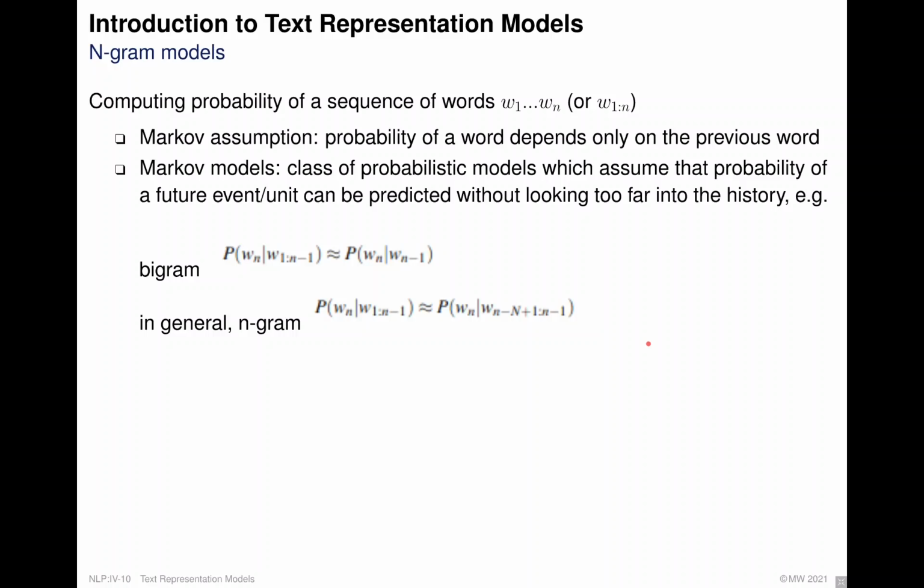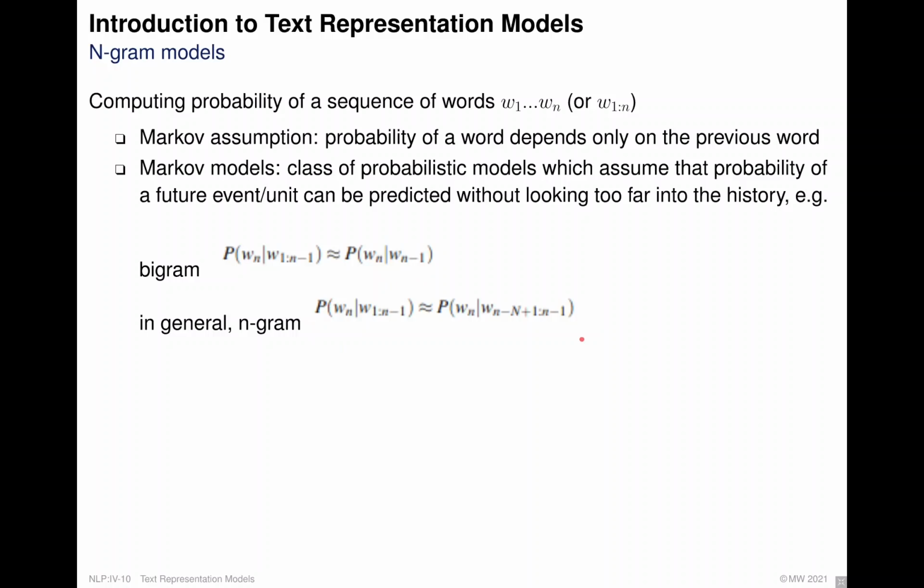Like I said, this history may be really short-sighted, just the previous word, but it may be a bit longer, such as the previous two words. So in the case of the previous word, the next word depends only on the previous word. This is a bigram model. At a time you consider only two words together, the word you're predicting and the word that's preceding it.